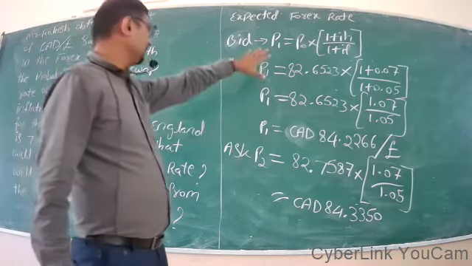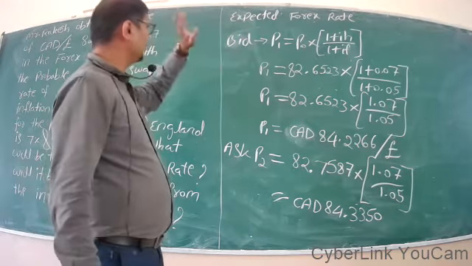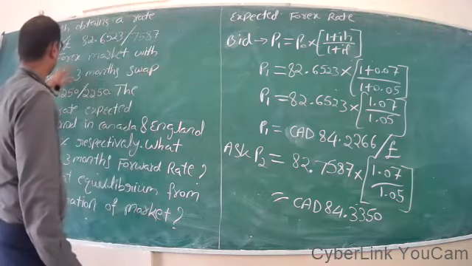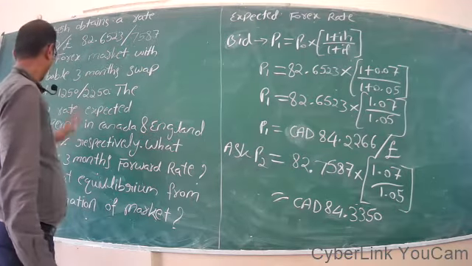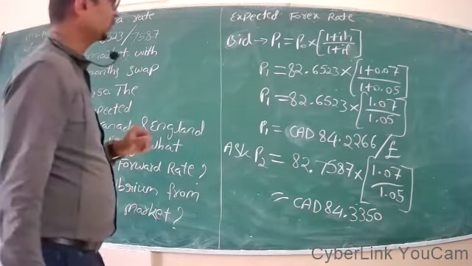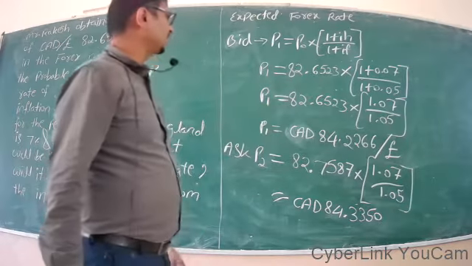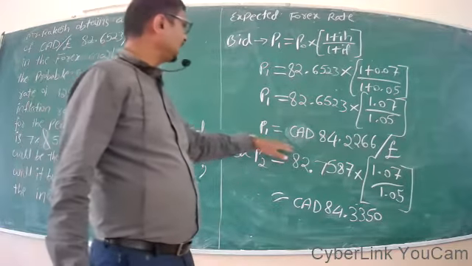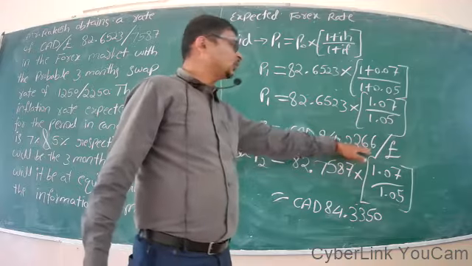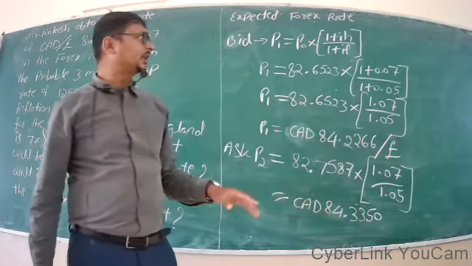So with 7% inflation in Canada and 5% in England, that is UK, the new exchange rate we derived is the bid price 84.2266 Canadian dollar per sterling pound.